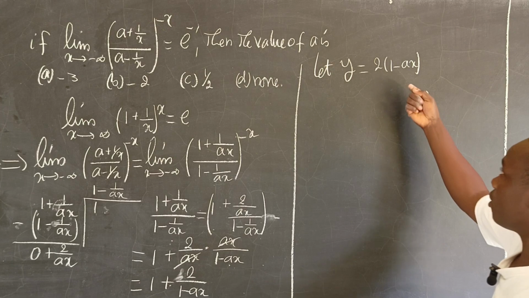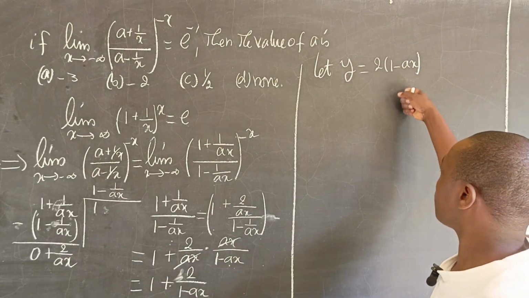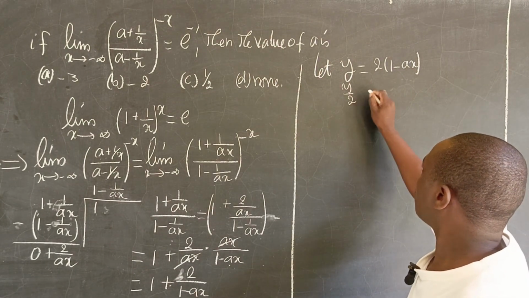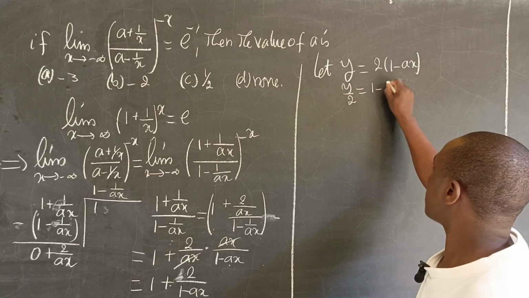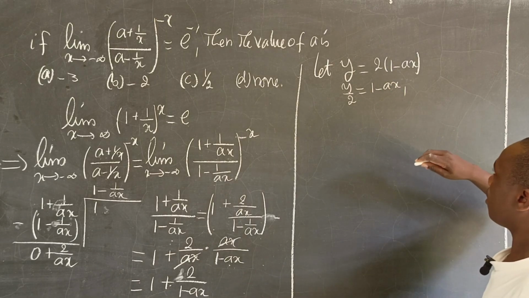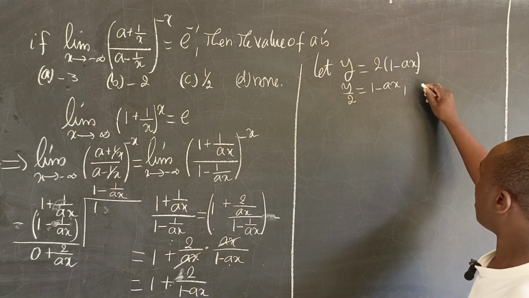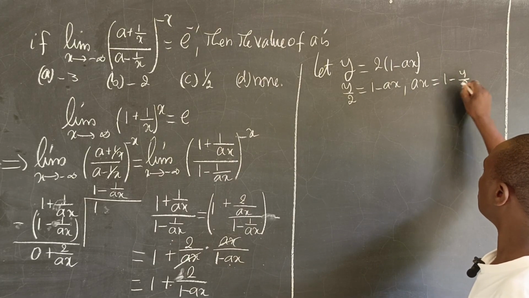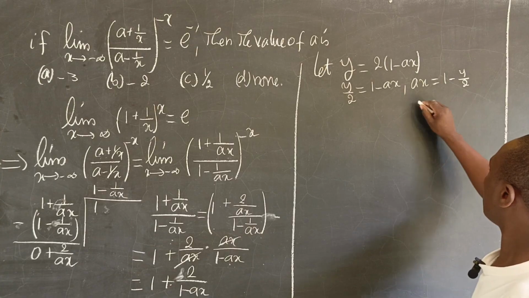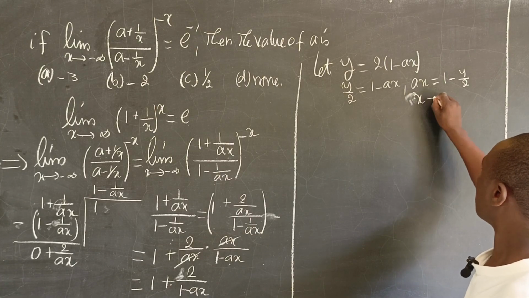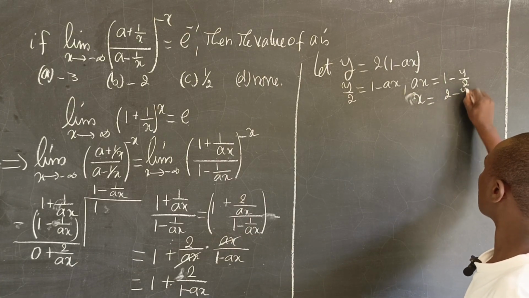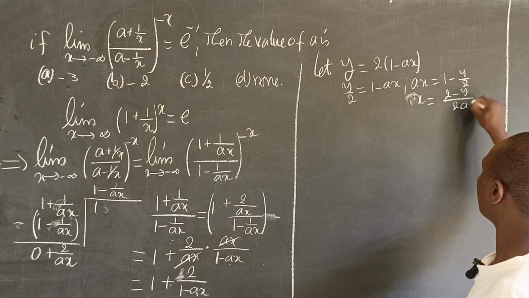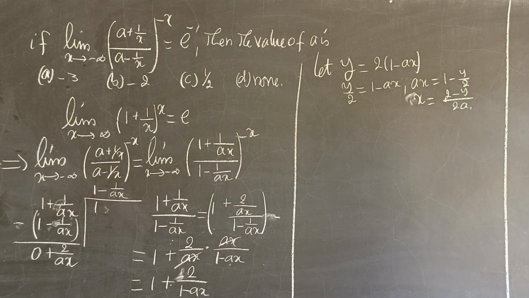Our a, we need to find x. y over 2 is equal to 1 minus ax, and our ax will be 1 minus y over 2. So x is equal to (2 minus y) over 2a.